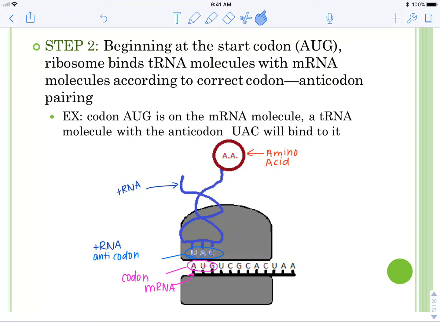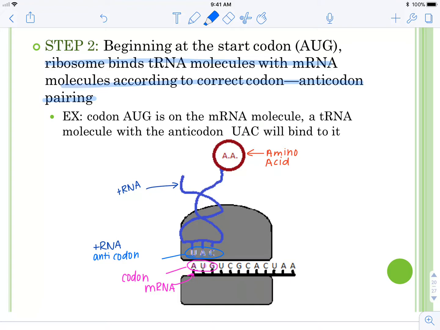So the ribosome is holding the mRNA in place, and we're going to see that the ribosome binds the tRNA molecules with mRNA according to codon-anticodon pairs. It's kind of the big idea. It holds it in place for a second as well.